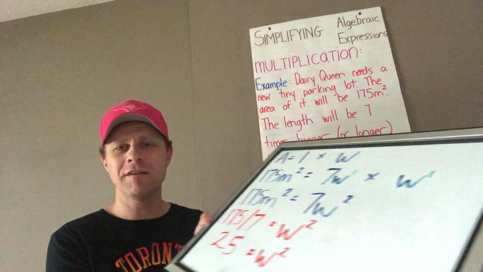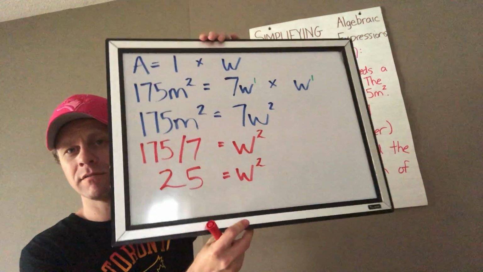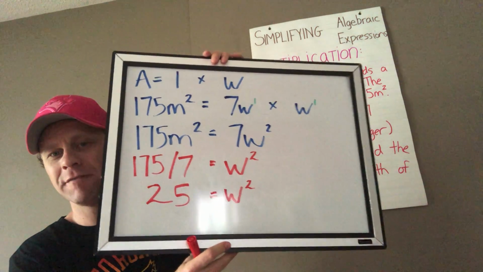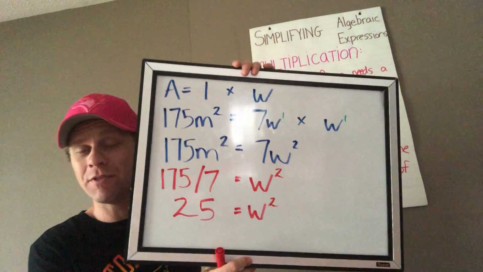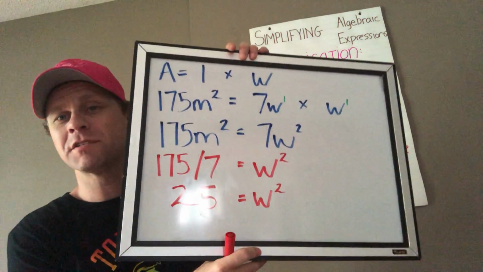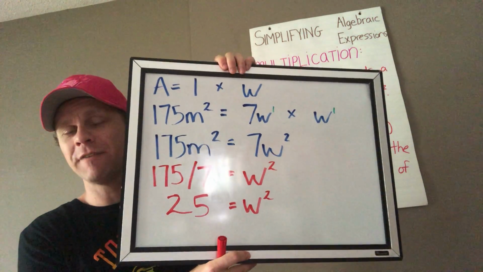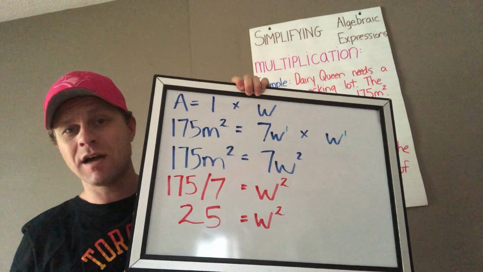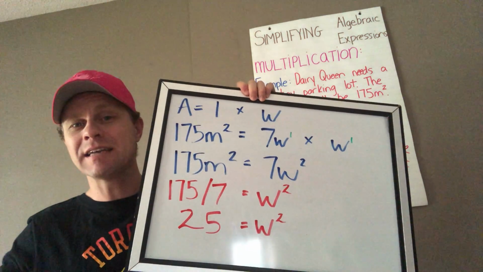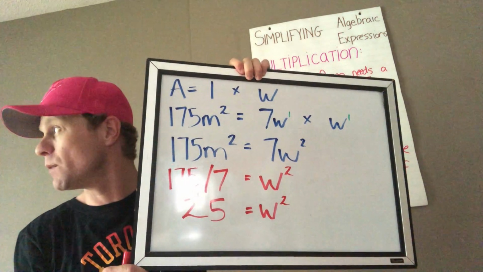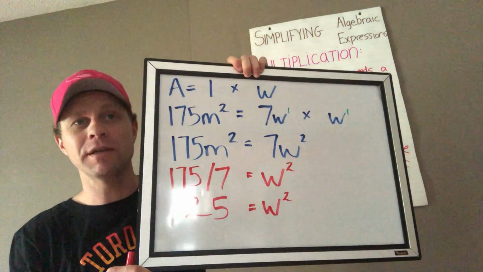If you got 25, you're bang on. So W squared now equals 25. But now the next part is we want to get rid of the squared because we're only finding the length. Remember, the length is like perimeter. So it's not squared. The area is the inside of the rectangle. But we just want to find the one side length, the width.